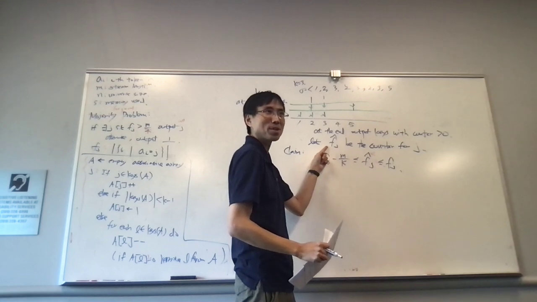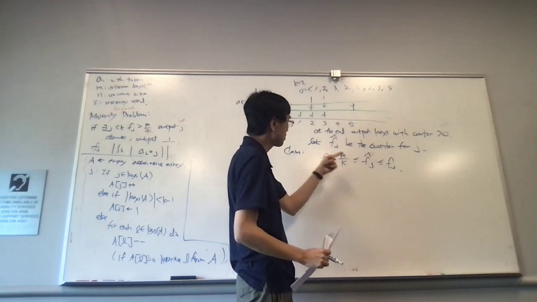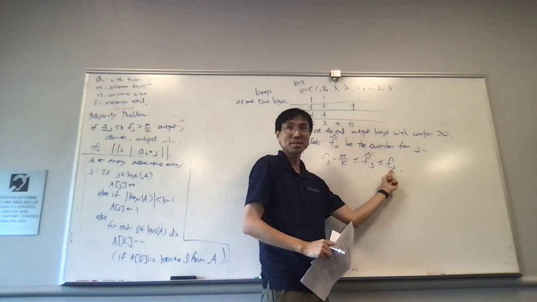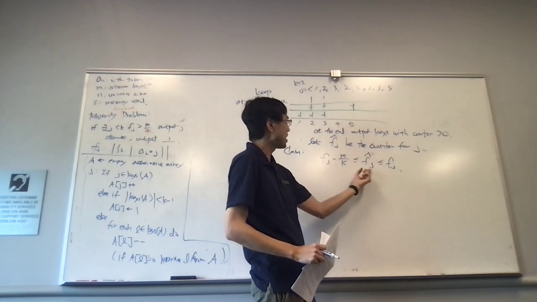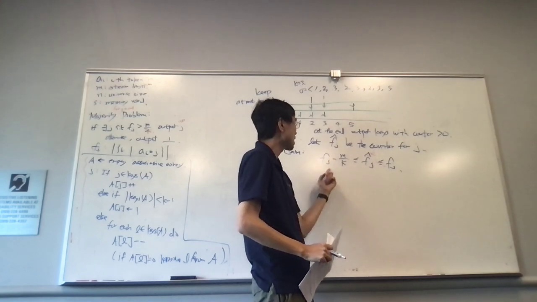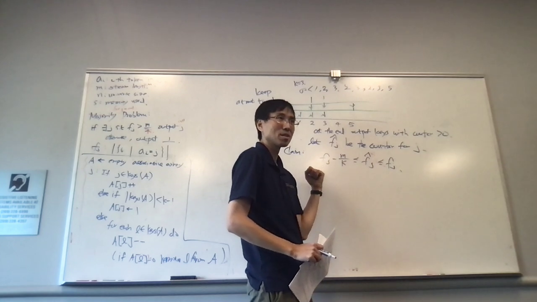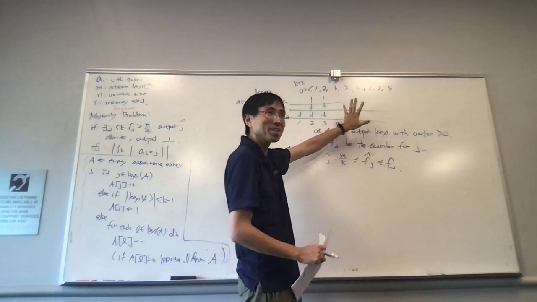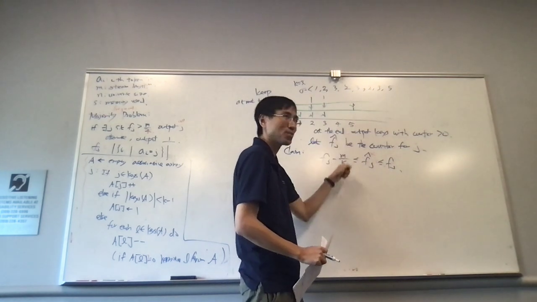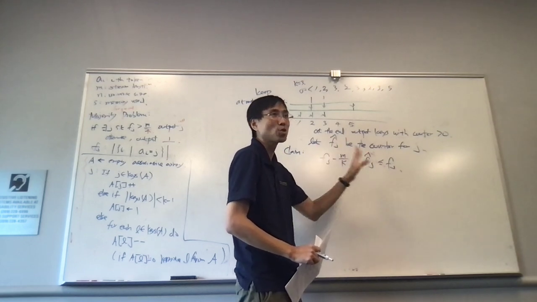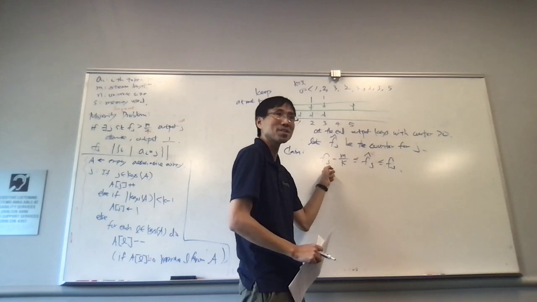This is the counter at the end of the day, and that's my estimate. But I'm claiming that the counter can never exceed the real frequency, but it cannot be too small. The difference can be at most m over k. That's the claim. Is the claim clear? The algorithm is clear and the claim is clear, right? Any questions about the claim itself? I didn't talk about the proof, but is the claim clear?